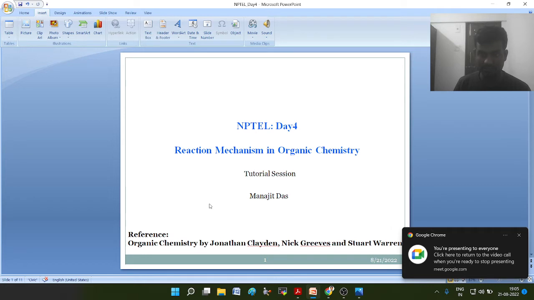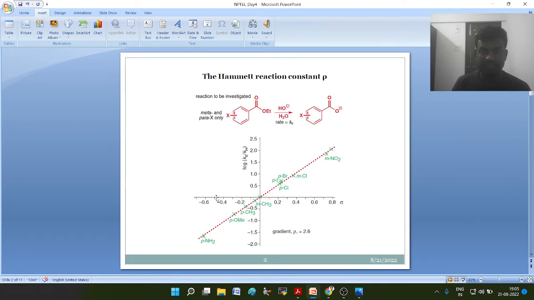So I will start with a big figure and then small reaction. So this reaction, let us read the heading. Okay, the Hammett reaction constant rho. So reaction constant rho, and what is this? We will talk a little bit, and we will see several use cases of this thing.